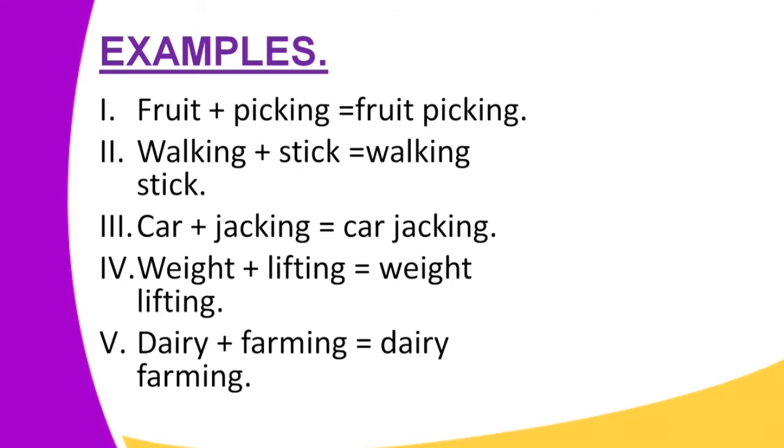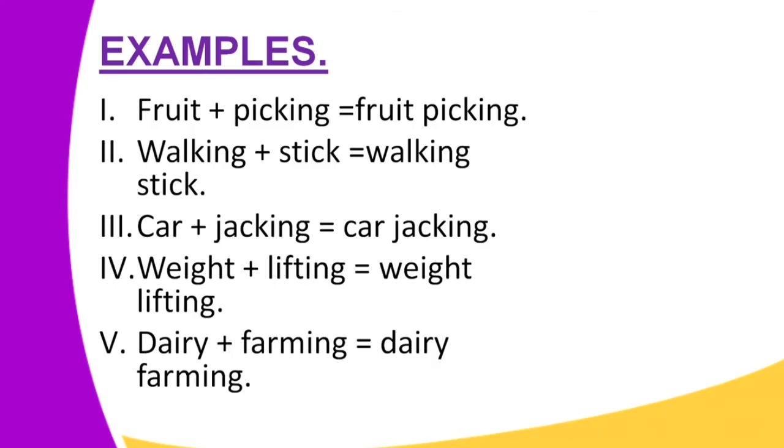Next, we have carjacking, a noun again combined with the gerund. Next, we have weight lifting. Weight, a noun, lifting, a gerund, a compound noun. Lastly, we have dairy and farming combined to form the compound noun dairy farming.